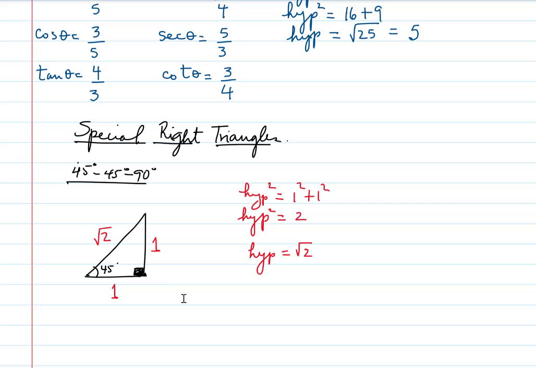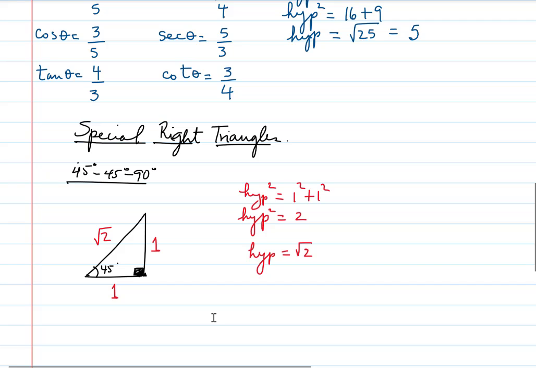Now, remember, similar triangles have the same angles, just different sides. So you may have a 45-45-90 triangle that is larger, but because they have the same angles, you're going to maintain this proportion. So in other words, if this side is 5, this side would have to be 5, and that would be 5 square root of 2.